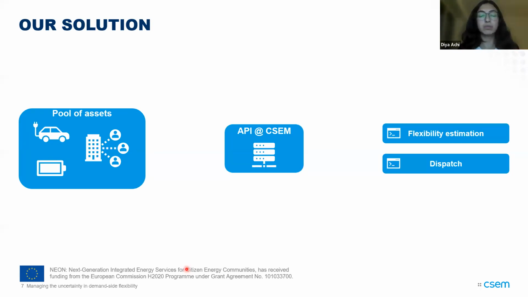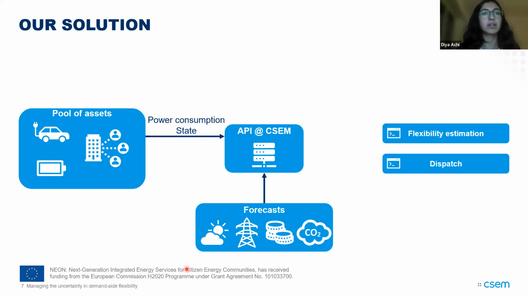And to be able to do their tasks properly, what they need is historical data from the pool of assets regarding the power consumption of the assets or their state. And we need also some external forecasts. So for the weather, for sure. And also, depending on the application, we can have forecasts of the price of electricity or the CO2 emissions.